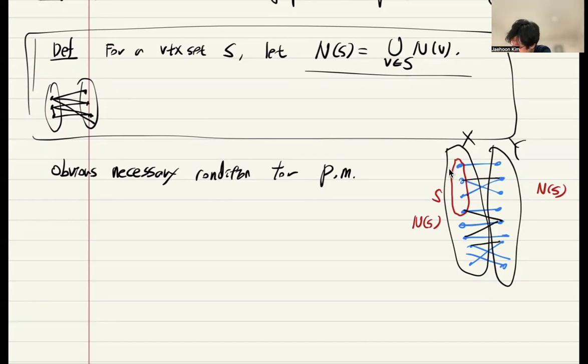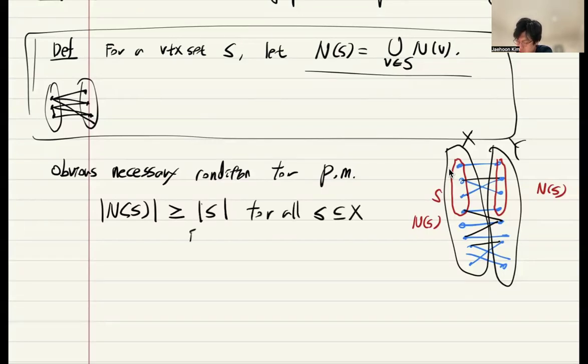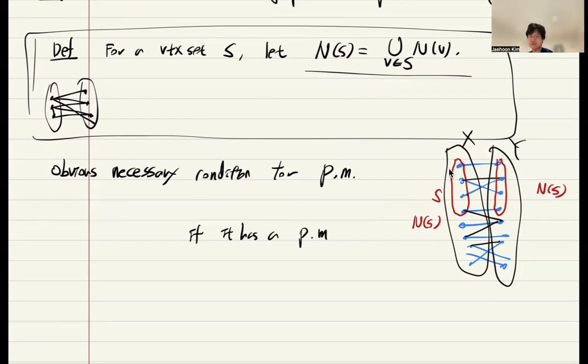Then this N of S always contains their counterpart. So each of them has a counterpart through these blue edges, the perfect matching. And N of S is here, which contains all of its counterpart. So what we know is that this set is always bigger than or equal to S for all S which is a subset of X if it has a perfect matching. So this is one of the necessary conditions.